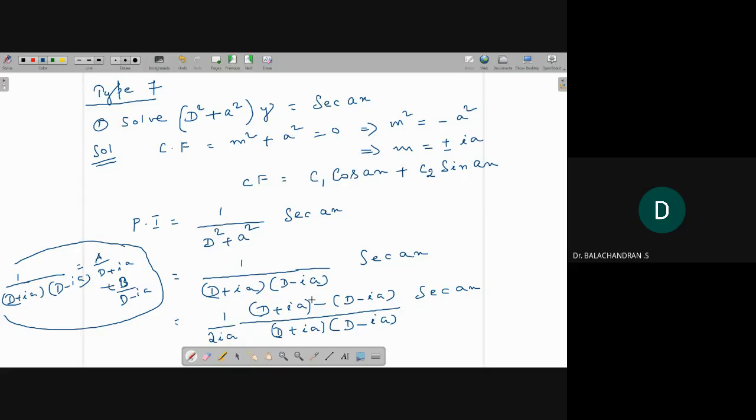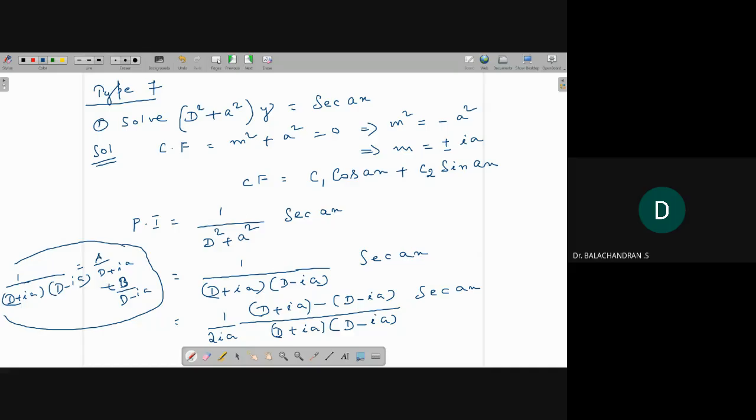But in this case, if you write like this, you can split the function directly, so that is why I write it. But it is not always possible. In those cases, you should split the function using partial fractions, so you should know how to apply partial fractions. Now I am going to write this as D plus ia divided by the denominator, D plus ia gets cancelled, 1 by D minus ia.